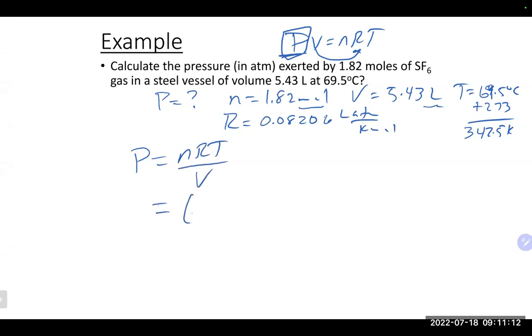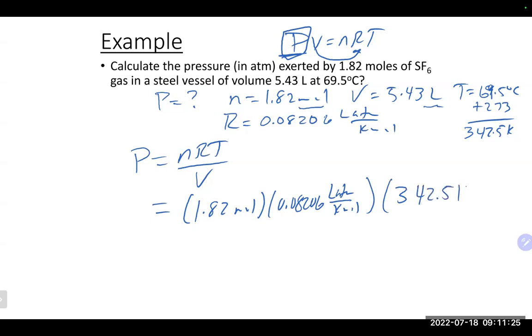Putting in our numbers here: 1.82 moles times 0.08206 liters atmosphere per Kelvin mole, and our 342.5 Kelvin, all divided by our volume of 5.43 liters. The moles cancel, the Kelvin cancel, the liters cancel.